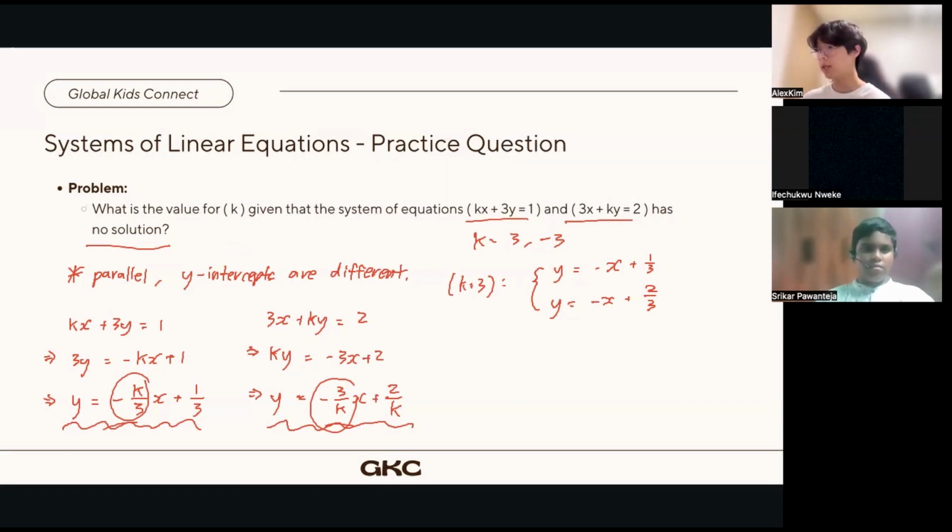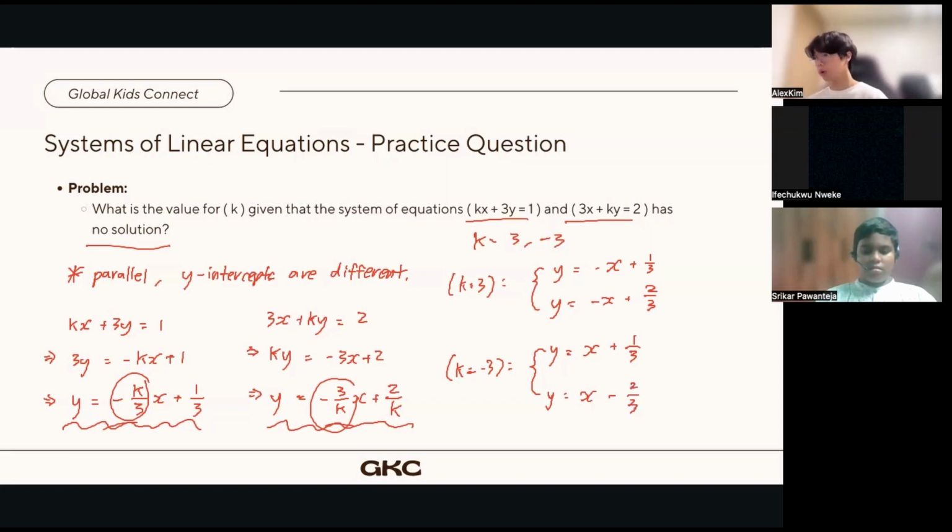We'll now check whether k equals negative 3 is also an answer. So for k equals negative 3, once again, plug into the equations we have. First equation, we will get a slope of positive 1 and a y-intercept of 1 over 3. Second equation, we have a slope, again, of positive 1, but the y-intercept is different, with negative 2 over 3.